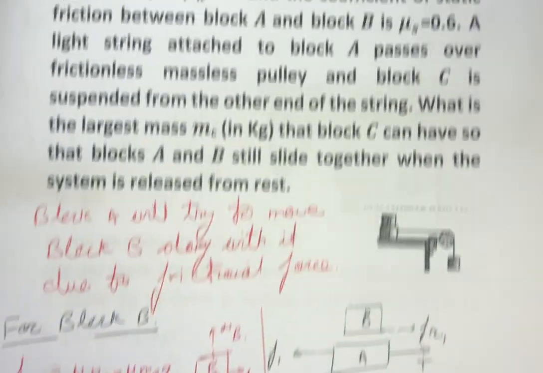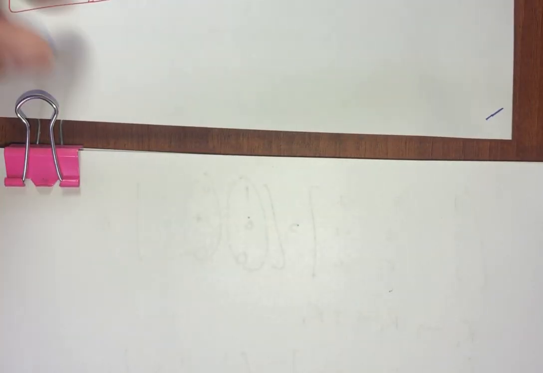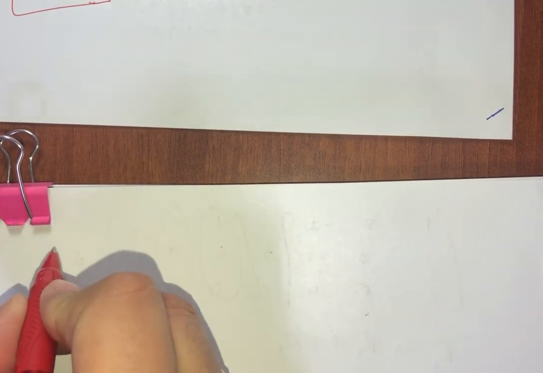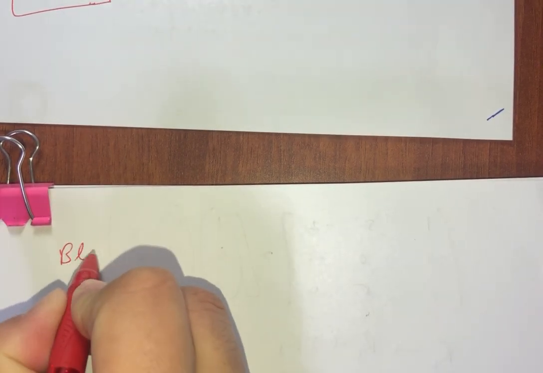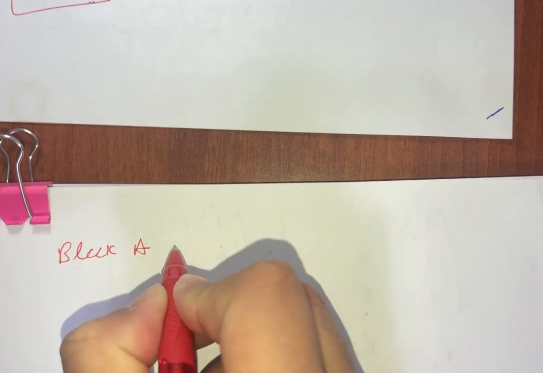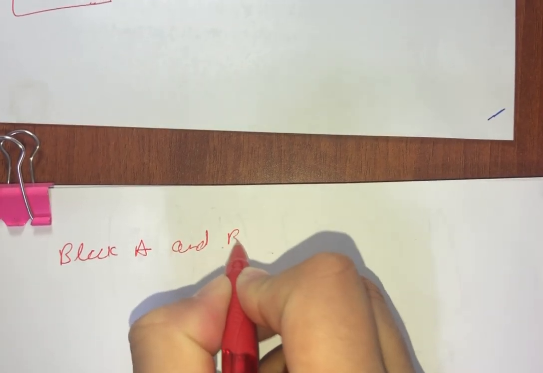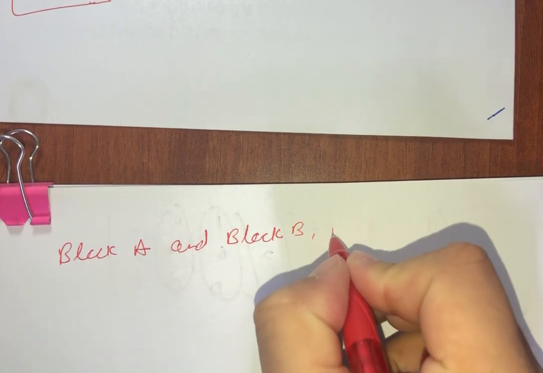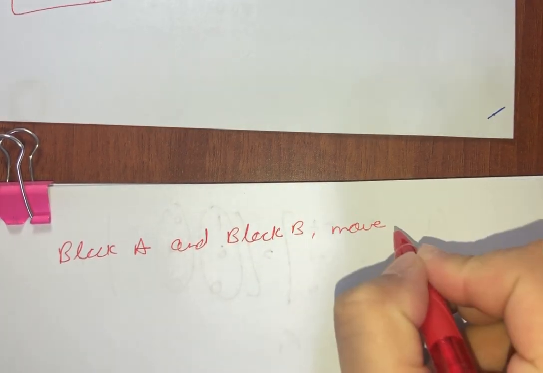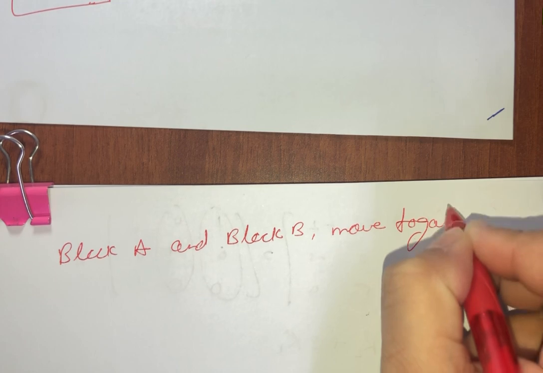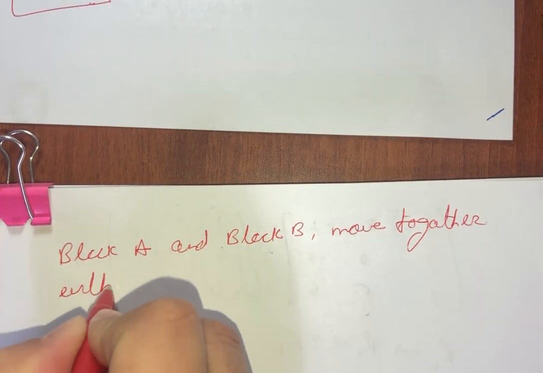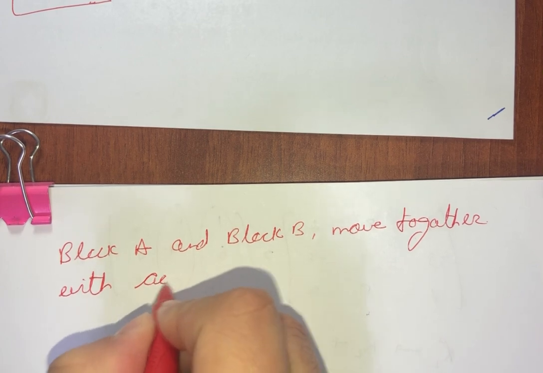And it is said they should slide together. So we say let block A and block B move together with acceleration a.